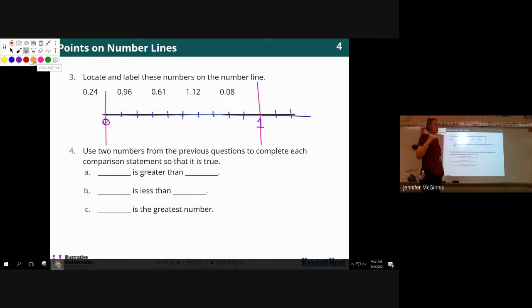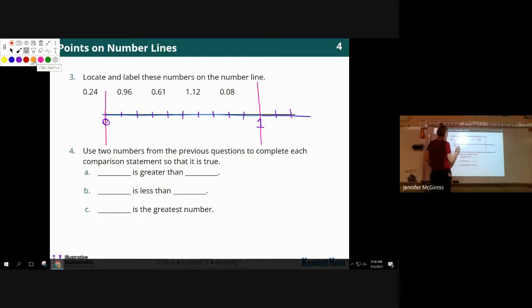So one group, table 4, is like, we're going to label our number line in fractions first. I told you yesterday, and I'll tell you again, you guys have a good foundation of fractions. You understand fractions really well. Because of that, you should rely on that knowledge as much as you can.